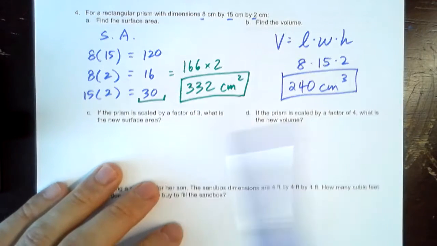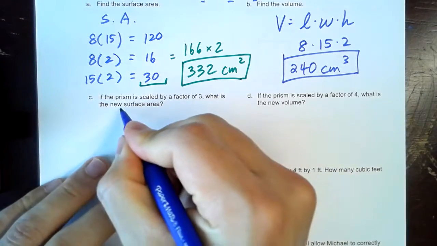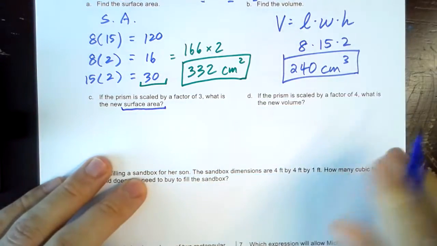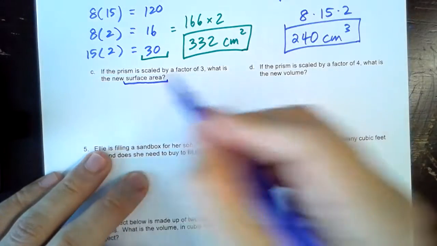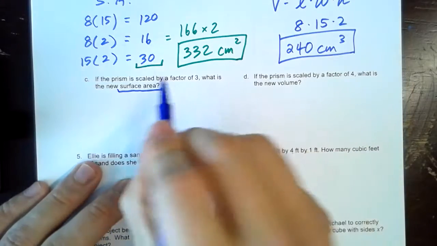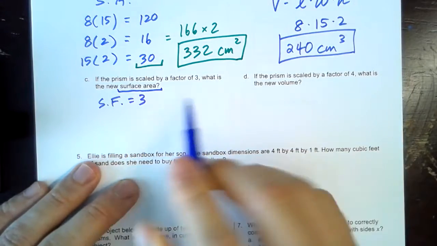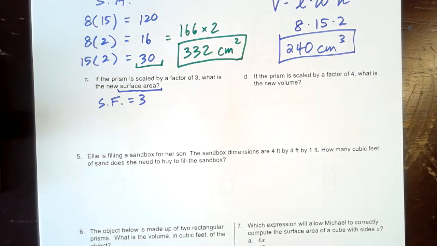So if the prism is scaled by a factor of 3, what is the new surface area? Well, this is a concept that we talked about in the last lesson, right, class? The scale factor is 3. So that actually will affect the area by not just 3. It will make the total area 9 times larger.